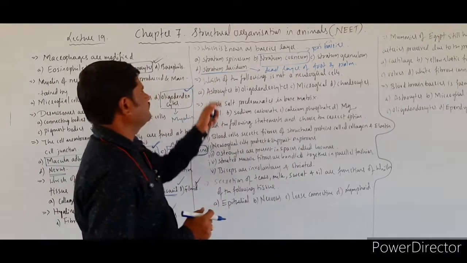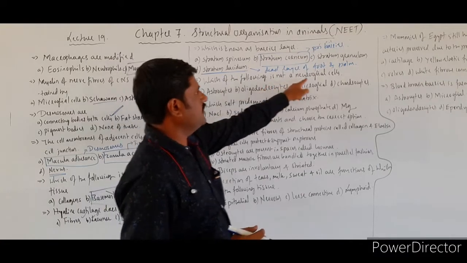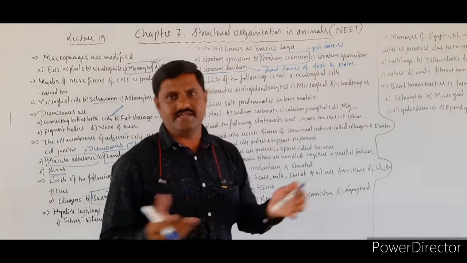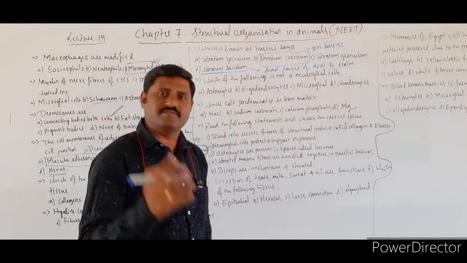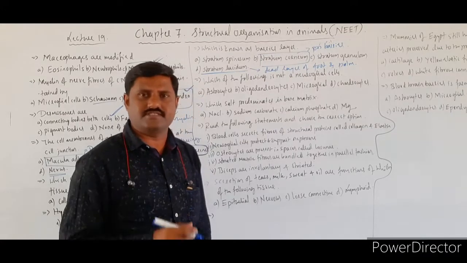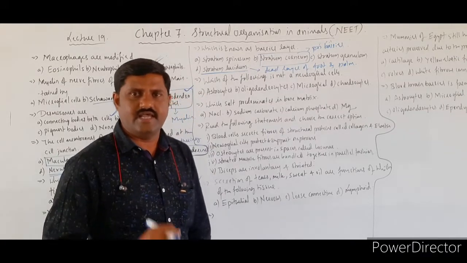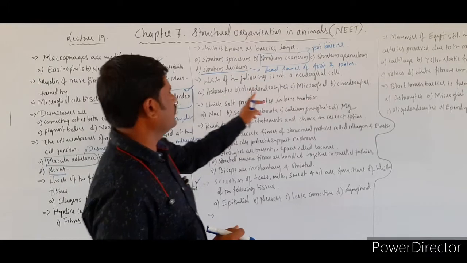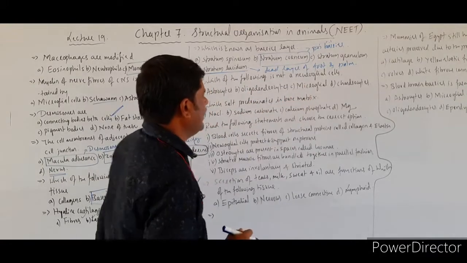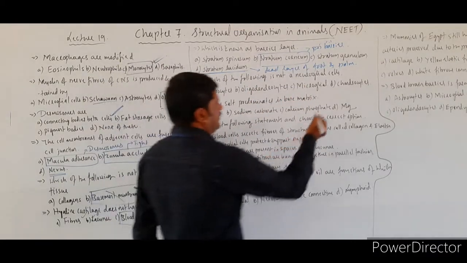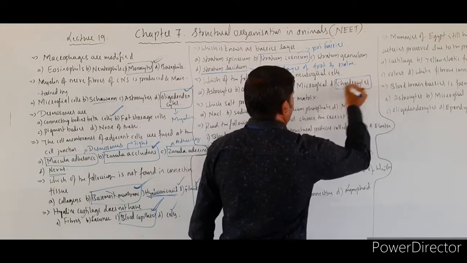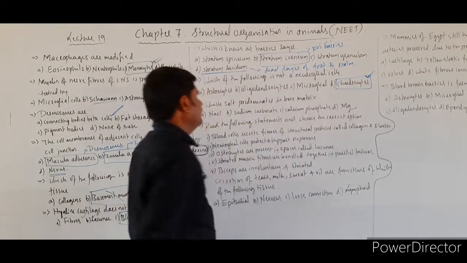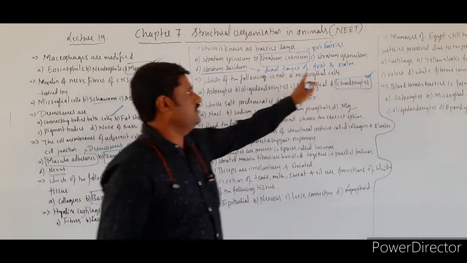So next question, which of the following is not a neuroglial cell? Right? It is very clear. There are three types of neuroglial cells. Astrocytes are there, oligodendrocytes are there, as well as microglial cells are there. Except those, other cells are not neuroglial cells.